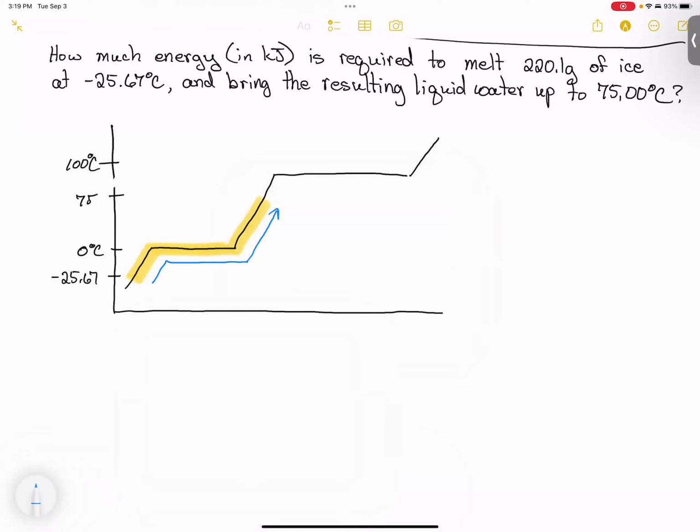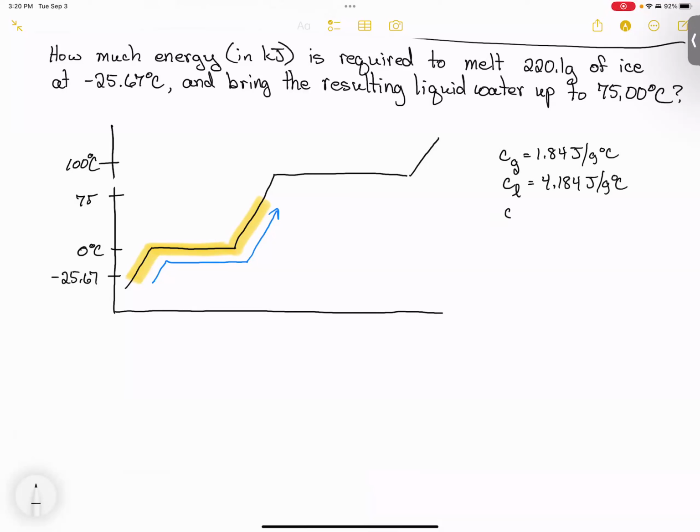Now, before we can start the calculation, the other pieces of information, and this information would be given to you, but other things that you're going to need to know. The specific heat of the gas is 1.84 joules per gram degrees Celsius. The specific heat of liquid is 4.184 joules per gram degrees Celsius.